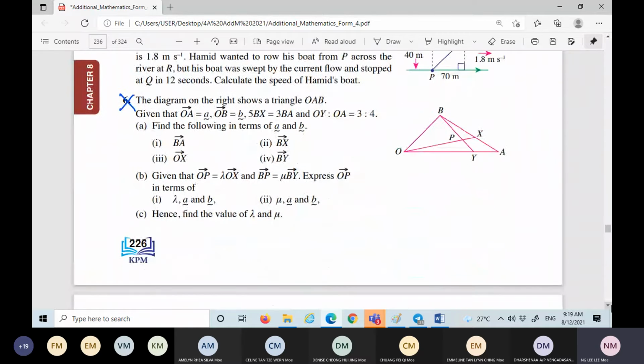Okay, now we go to number 6. I'm going to show you this very typical exam question that falls in paper 2, usually 10 marks. Like just now, that question is not a 10-mark question, maybe only 6 marks or 5 marks.